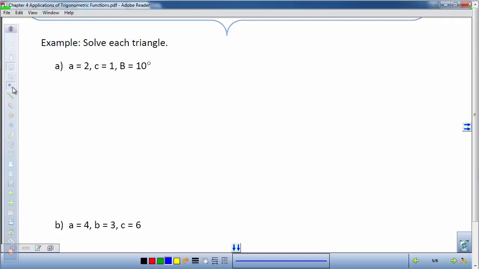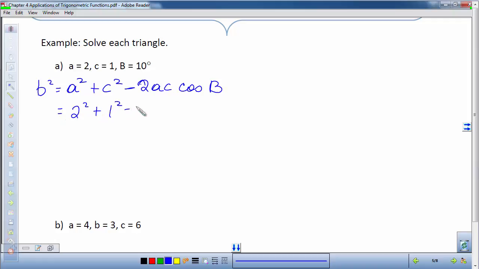I'm going to start by finding side B. So B squared is equal to A squared plus C squared minus 2AC cosine B, or 2 squared plus 1 squared minus 2 times 1 times cosine of 10 degrees. I just plugged in the values.